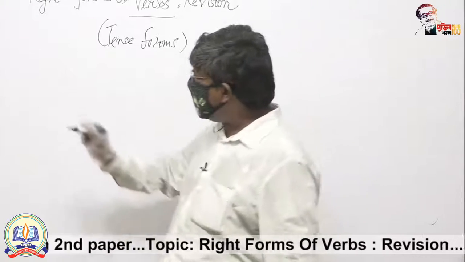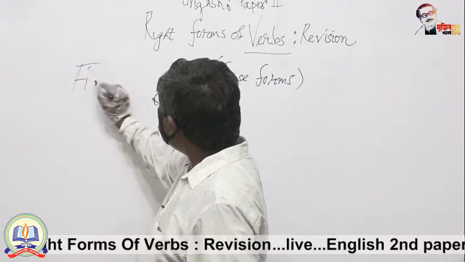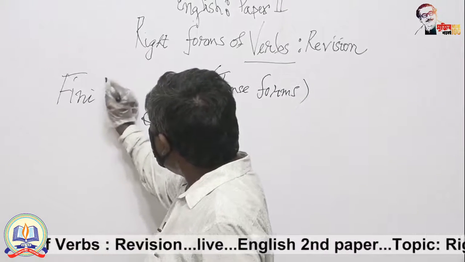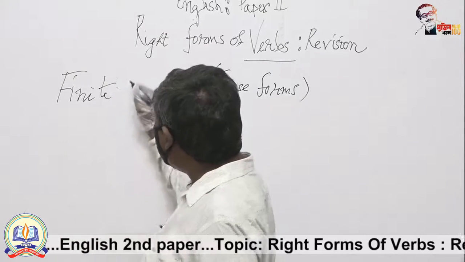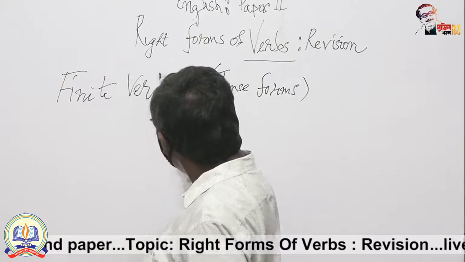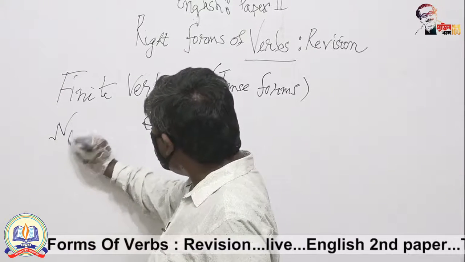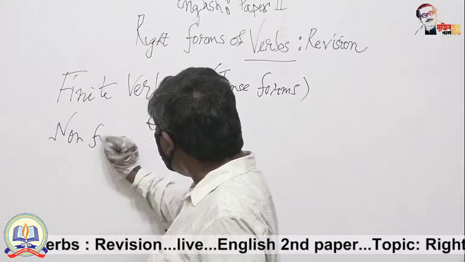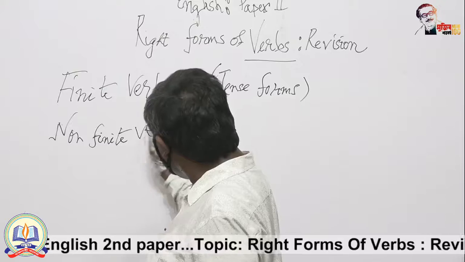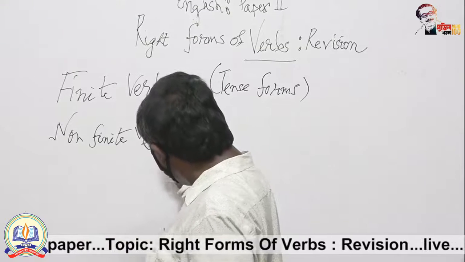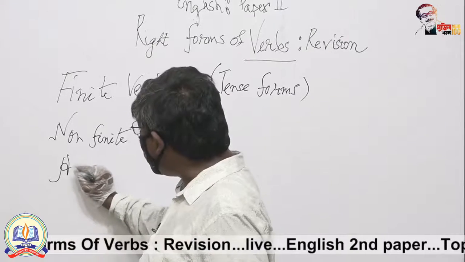In that class I told you that verbs are of three types. In the broad sense, they are finite verbs, non-finite verbs, and auxiliary verbs.